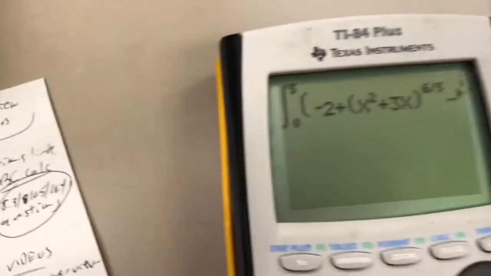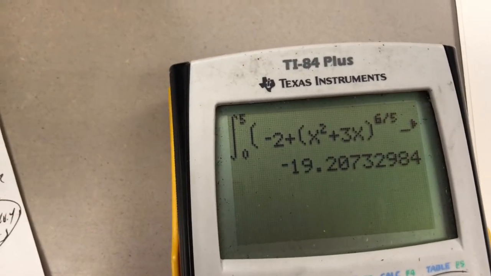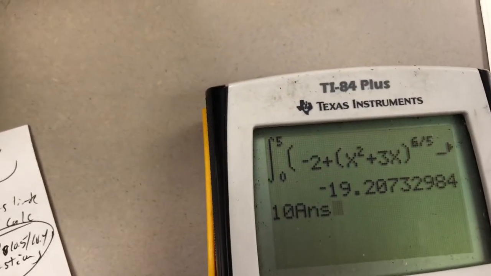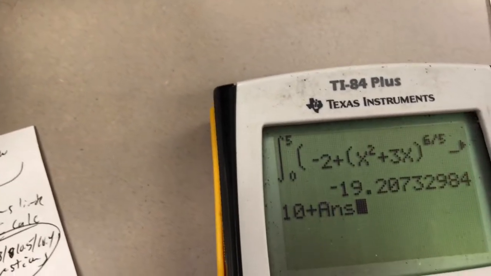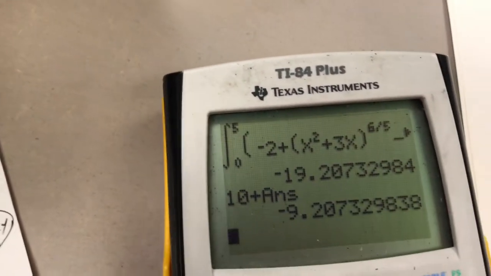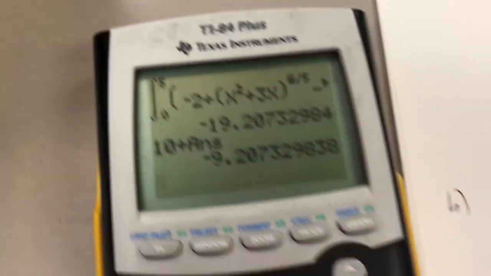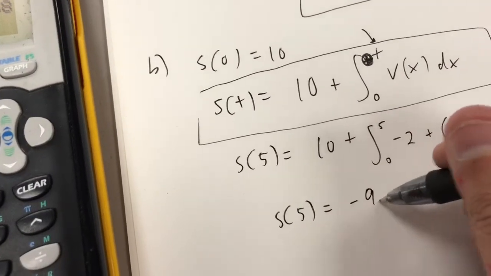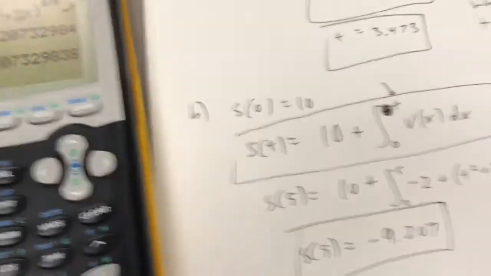So that's going to be my displacement when it gives me an answer there. And then we're adding 10 to that answer. And it looks like the position at time t equals 5 is going to be about -9.207. And they didn't have units here, so it looks like we're okay on that part.